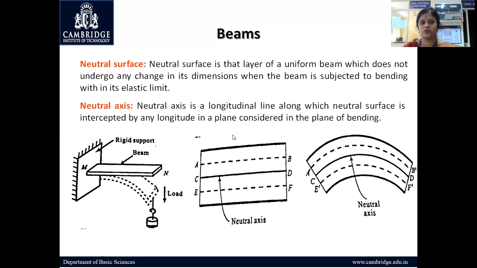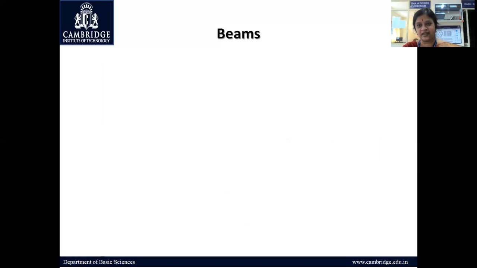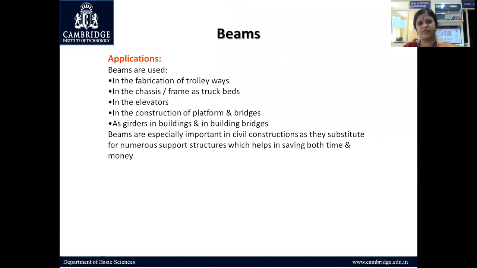Neutral surface, neutral axis. What is a beam? Types of beams. And the last one is applications of beams. Beams are used in the fabrication of trolleyways, in the chassis frame of truck beds, in elevators, in the construction of platforms and bridges, and as girders in buildings and bridges.